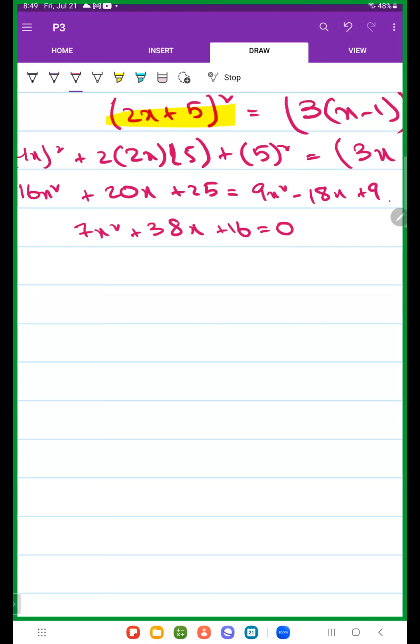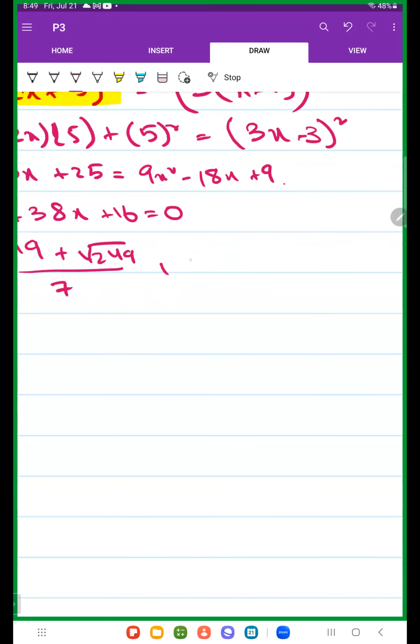Then you can just put it in the quadratic equation, and you will get minus 19 plus under root 249 upon 7, and minus 19 minus 249 upon 7.